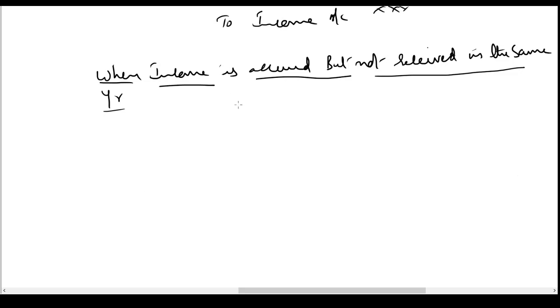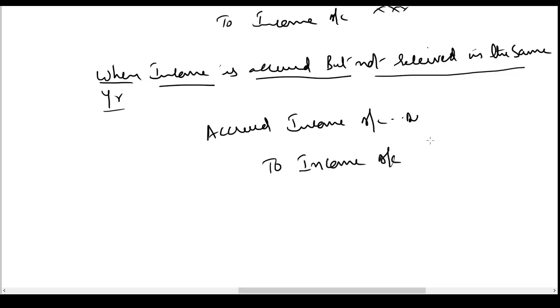So the entry would be: accrued income account debtor to income account. That is when income becomes due or it is earned. For accrued income, this is the entry we pass.